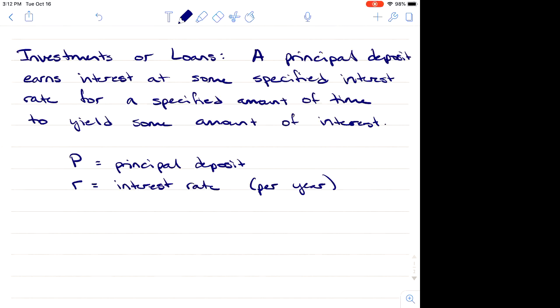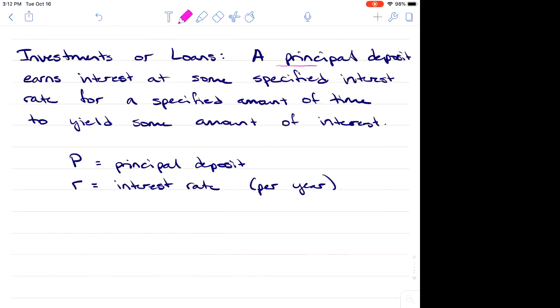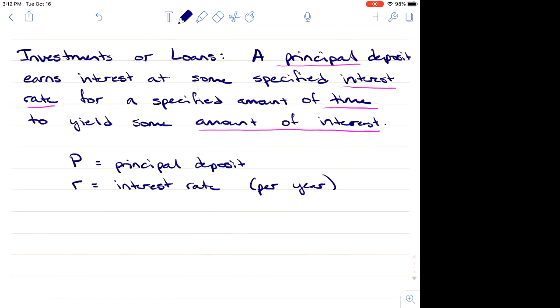Okay. So here, I'm just working through the principal deposit, the interest rate for a specified amount of time to yield some amount of interest. Okay, so those are just the things we're defining. So the time we're going to denote by a lowercase t. Time also has to be in years.